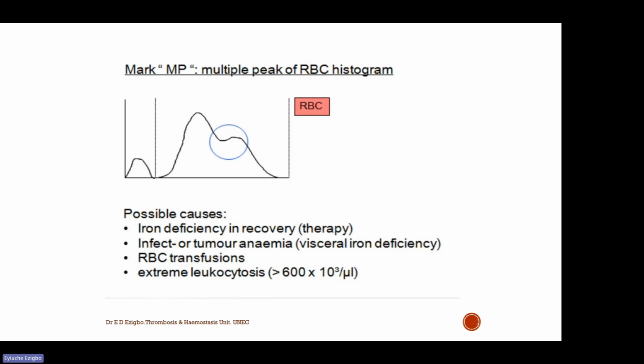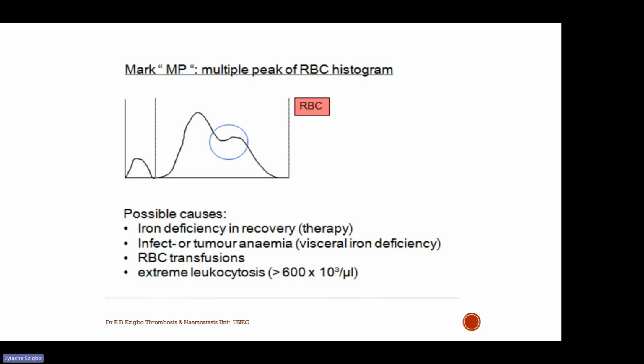You can see this one forming how many modes, peaks. You can see this one here too. So, multiple peaks of RBC histogram. Possible cause: iron deficiency in recovery, infection or tumor anemia, visceral iron deficiency, red blood cell transfusions. So when you see an abnormality in any histogram of the cell, you try and find out what is causing it.